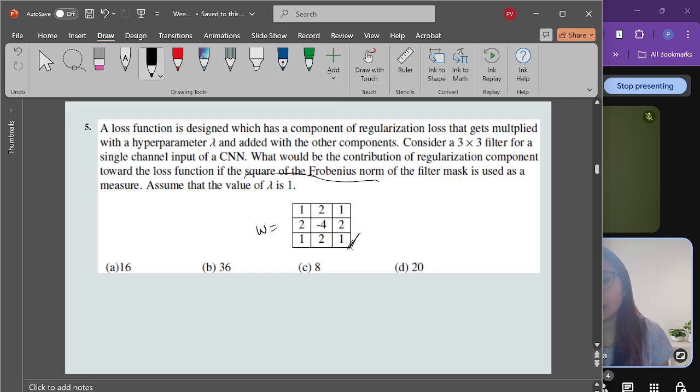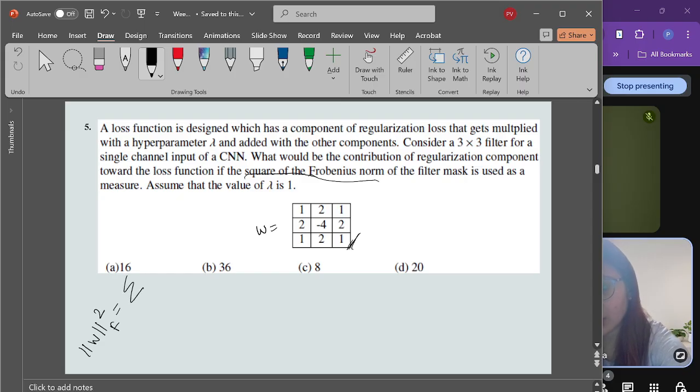So the regularization component is given by lambda, and that measure is the square of the Frobenius norm of the linear mask. The Frobenius norm is denoted by ||W||_F squared. The Frobenius norm squared is the sum of the squares of all the elements in the matrix.